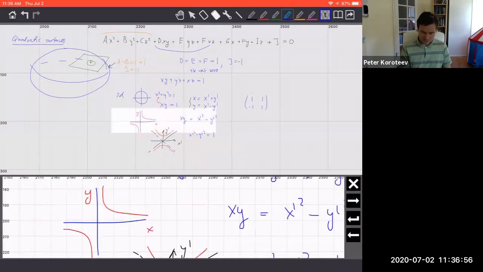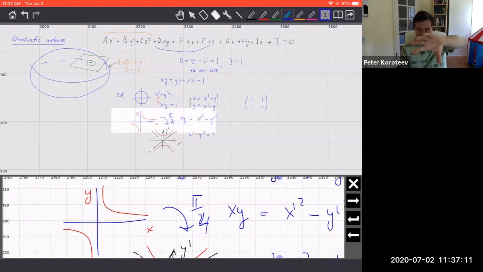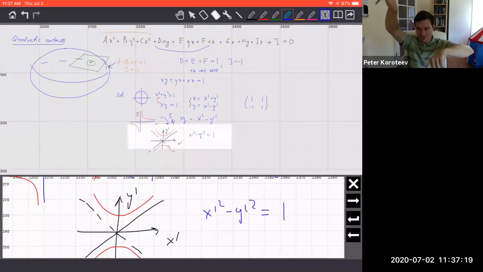You rotate this coordinate system by pi over 4, right? So it's a 45-degree rotation, and you can see that this hyperbola in the first coordinate system will look like first and third quadrant, and in this black picture, it looks like up and down. So this is a hyperbola.